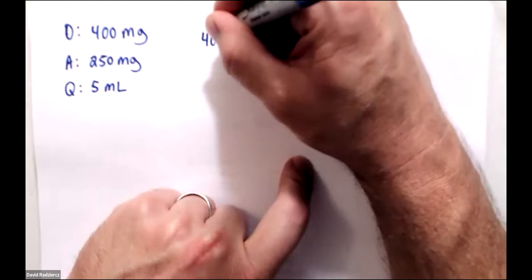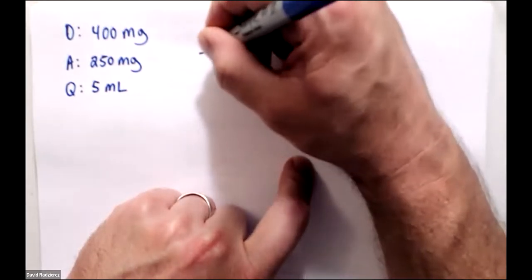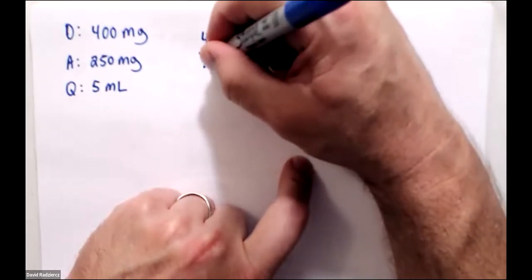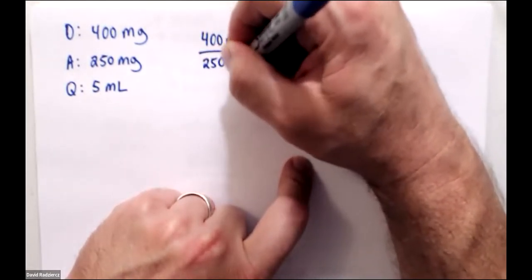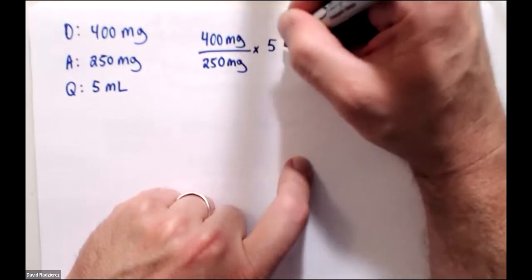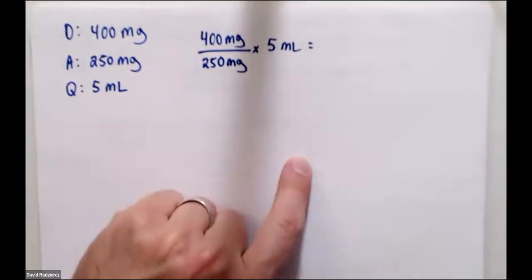I'm showing you this just to break it down, maybe unnecessarily, for the order over available times quantity formula. This is why I'm doing it this way, and then I'll show you the other way using dimensional analysis. So what's my order? 400 milligrams. What do I have available in milligrams? 250 milligrams. And what is my quantity? That's the 5 milliliters.